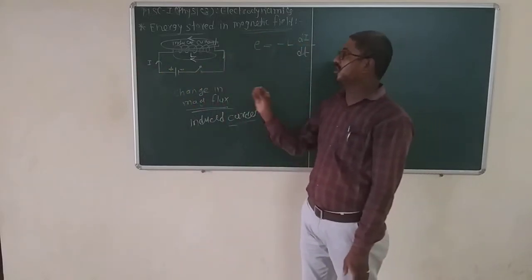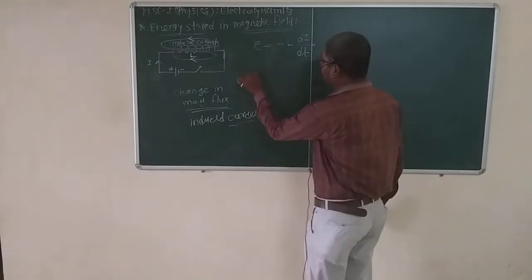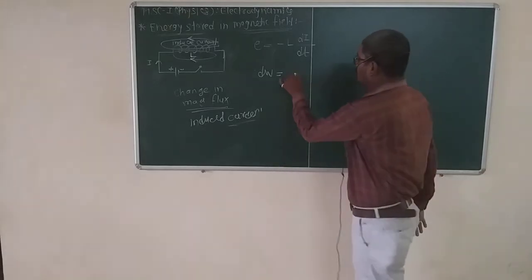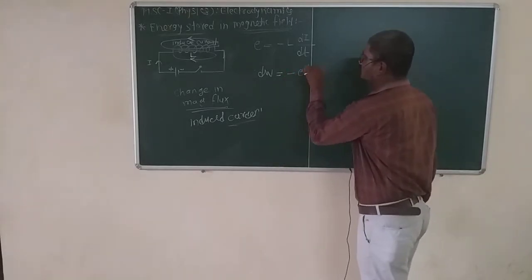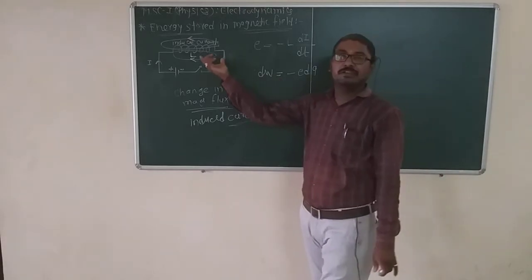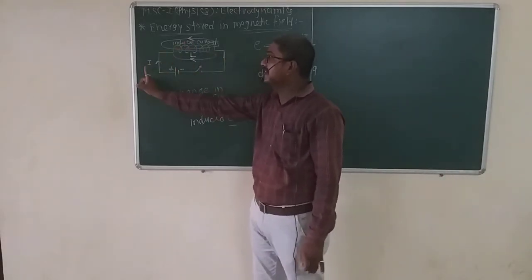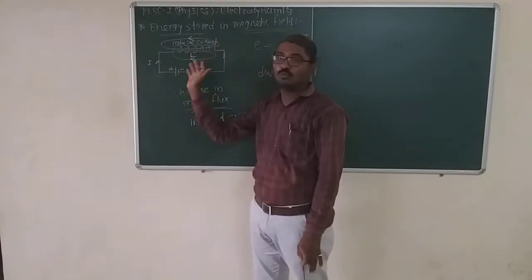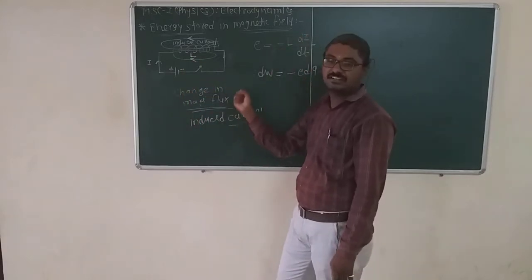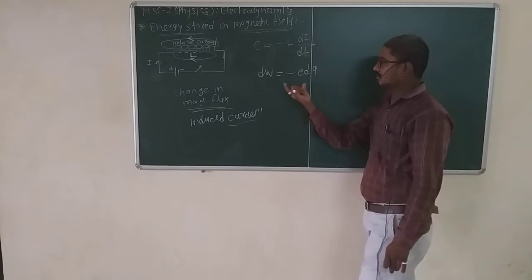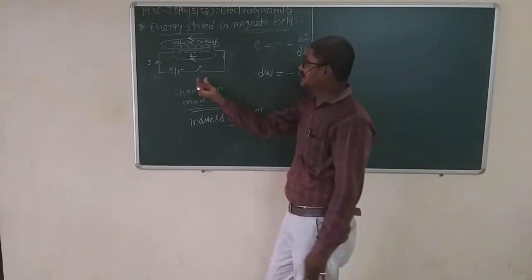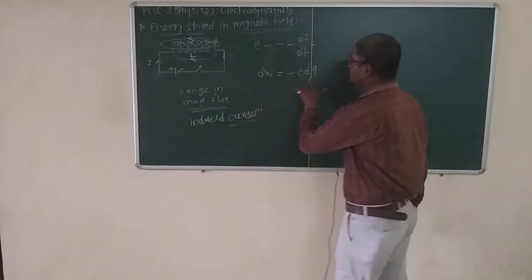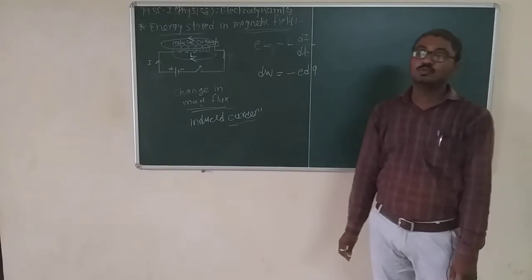That's why some work will be done, and that work done is dW. The work done is dW equals minus E into dQ. Some work is done because the induced current opposes the applied current, so the applied current does not flow easily. The cell does this work, dW is equal to minus E into dQ.